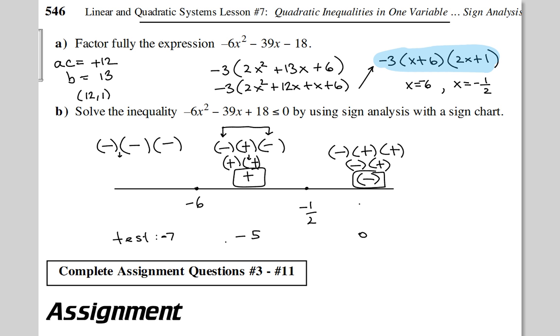If you do two at a time, you get a positive. Bring this one down, positive times a negative, it'll be negative. Which is what should be expected with a quadratic opening down. Hopefully this is starting to make sense. Negative on this interval, positive on this interval, and negative on this interval.